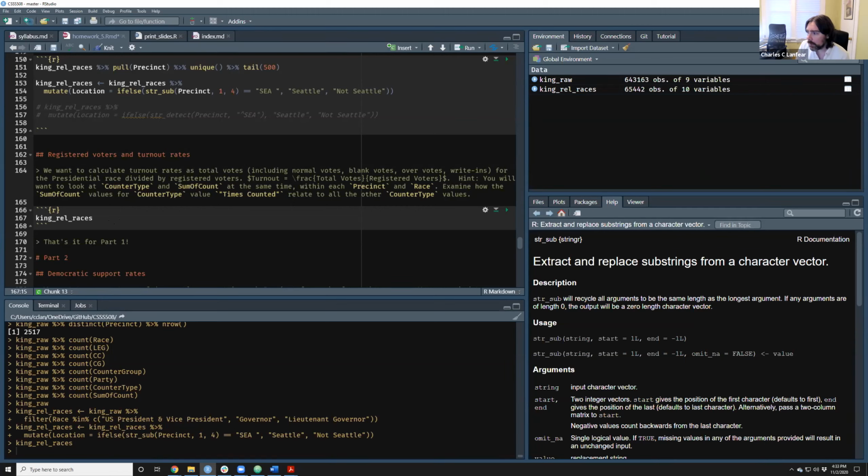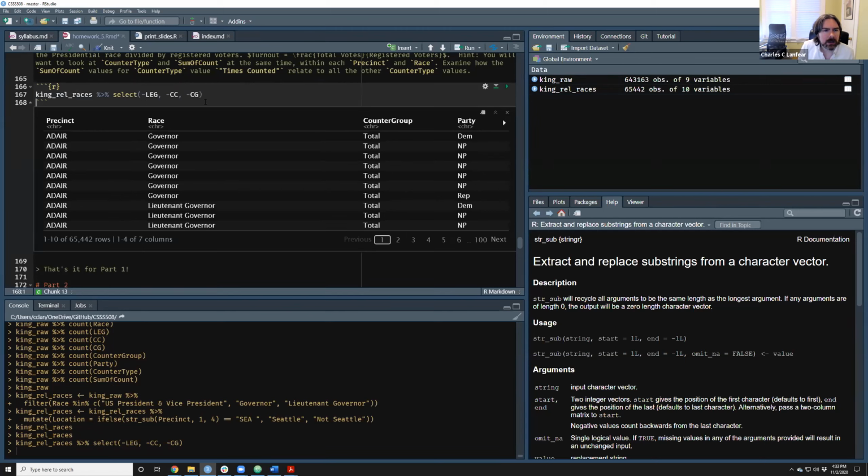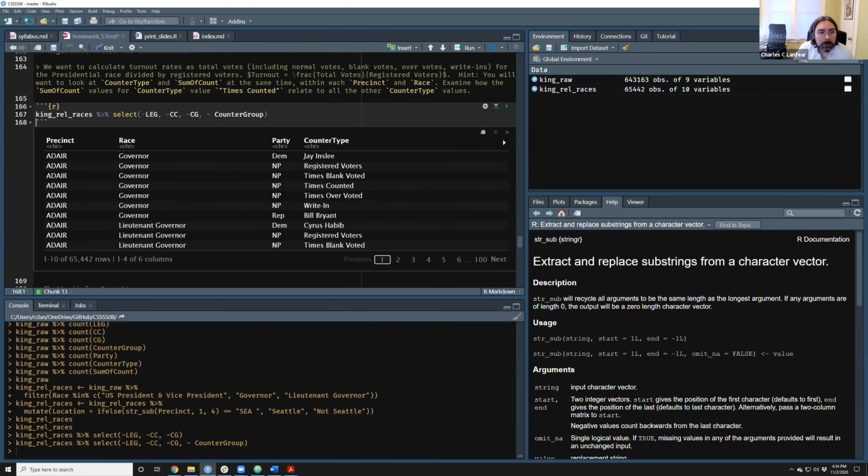Okay. So what I want to do is take data that look like this. Just for clarity, I'm going to get rid of things we don't really care about at the moment. Okay, so say I just want to get the number of registered voters, and I want the total turnout for vote.